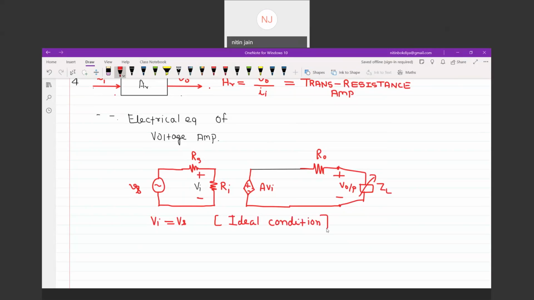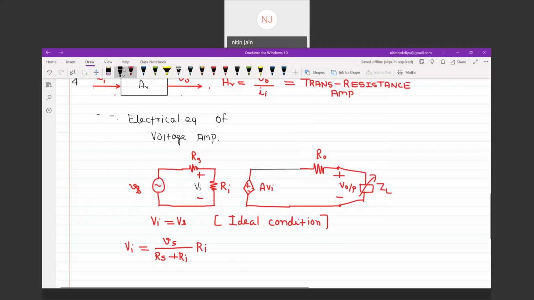So Vi is equivalent to Vs divided by (Rs plus Ri), multiplied by Ri. What do we need for this?